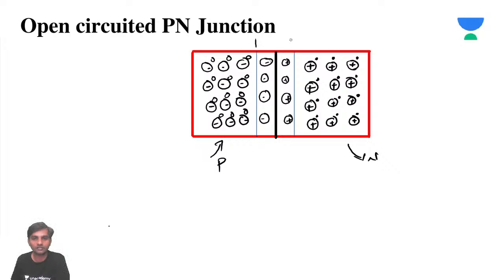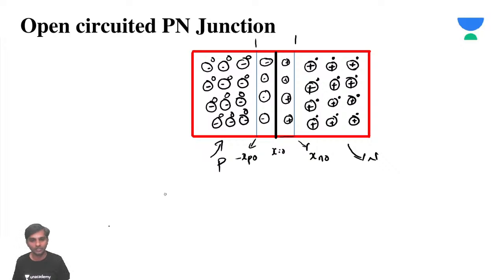This region is called the depletion region. Assume that x is equal to 0 here. This point is xn naught, this distance, and this point is xp naught, moving away from the junction, so I'm calling it minus xp naught.